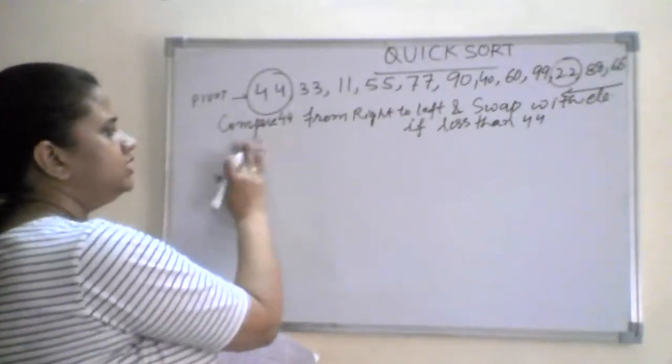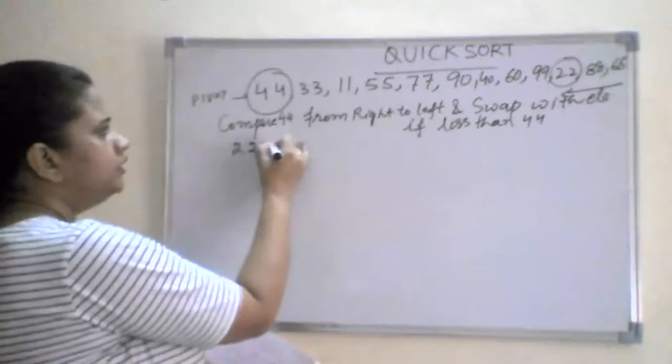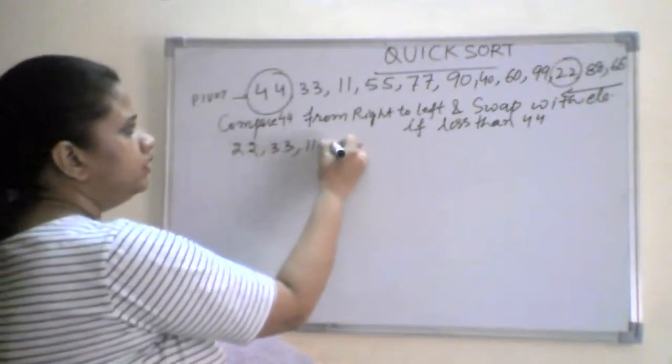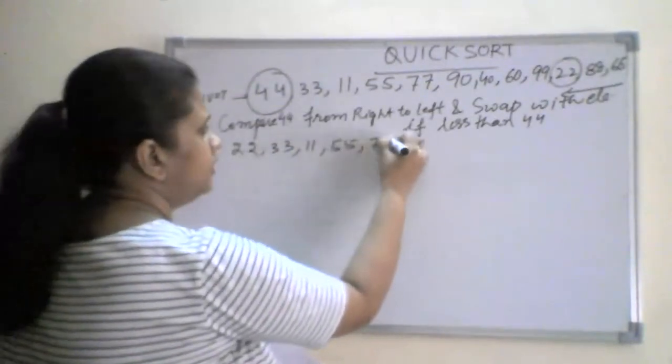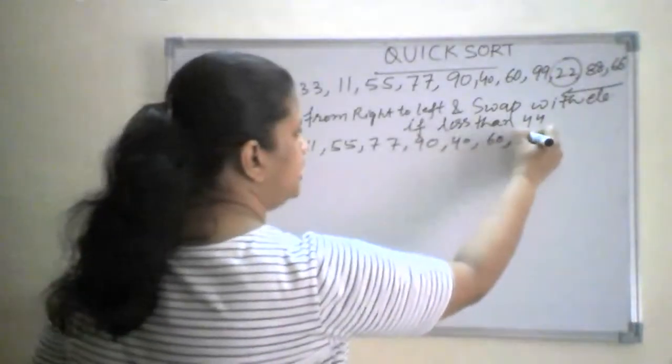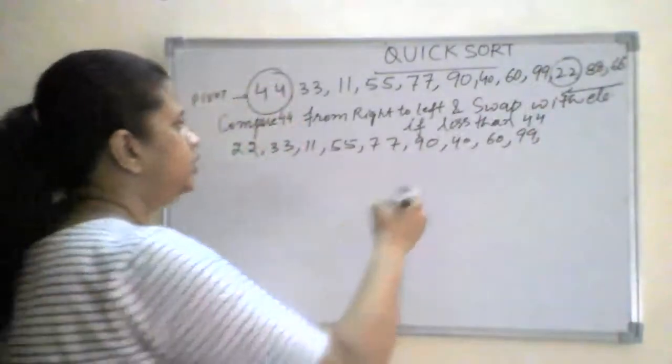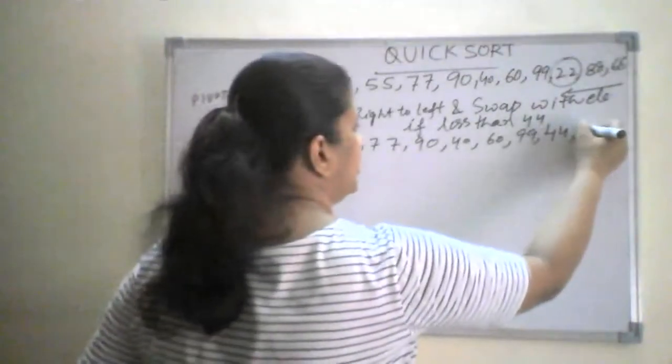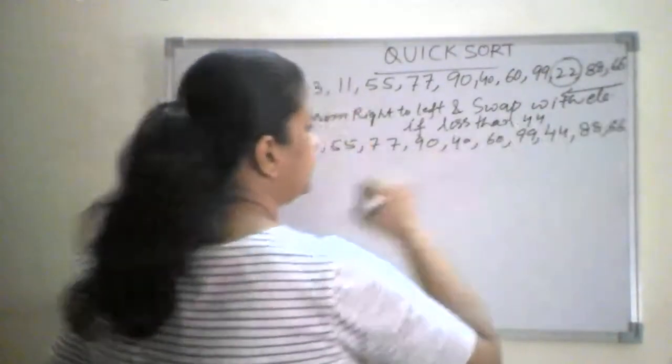So the list will now become 22, 33, 11, 55, 77, 90, 40, 60, 99, and in place of 22 now we will keep 44, then 88 and 66.